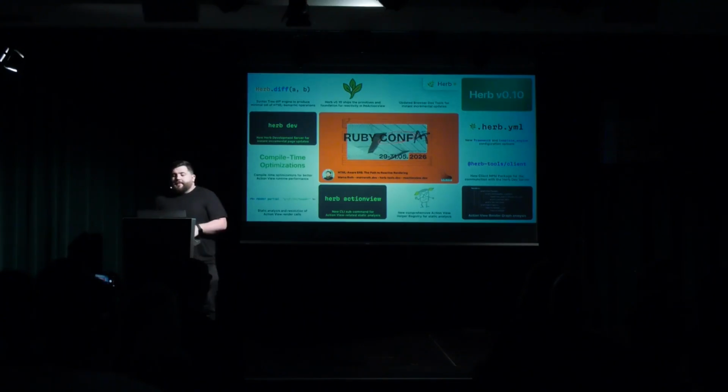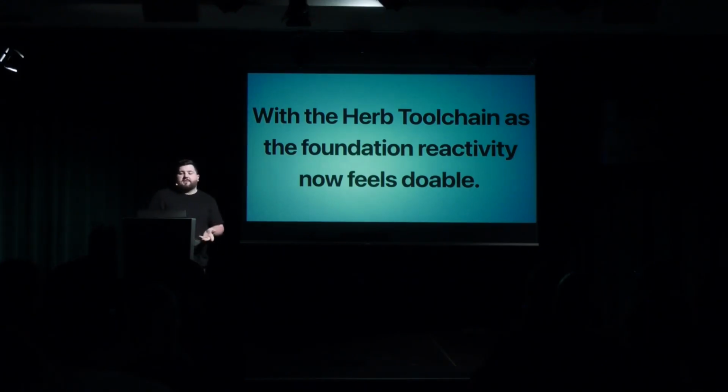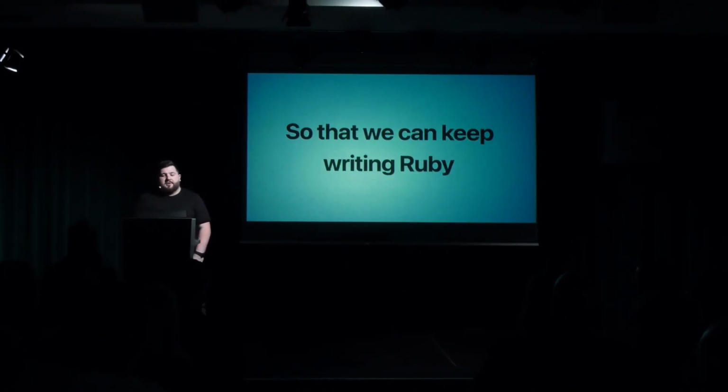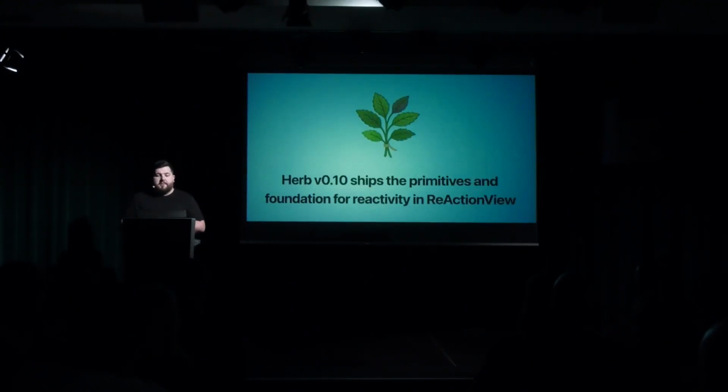And as I mentioned, I think this whole toolchain is now proving that some reactivity is possible as a result. So I think this is the missing piece for the Hotwire story to complete it. So you can keep writing Ruby and build more ambitious web applications with even less complexity. And with these primitives, I am hopeful that we can achieve that.